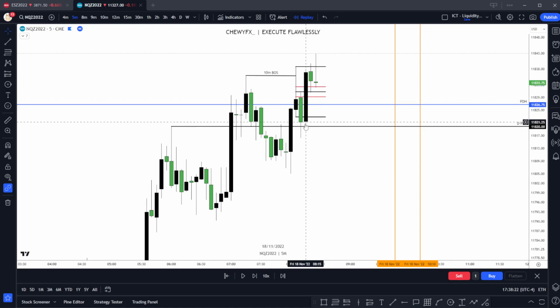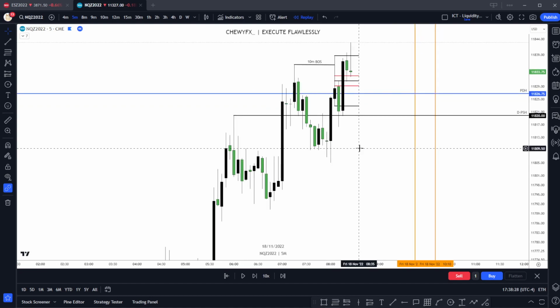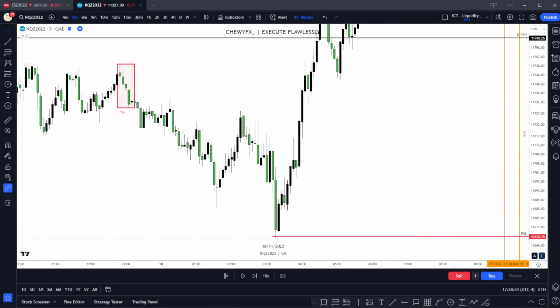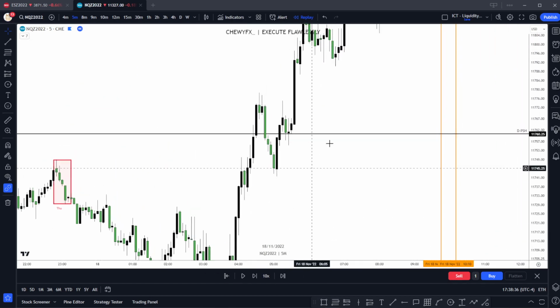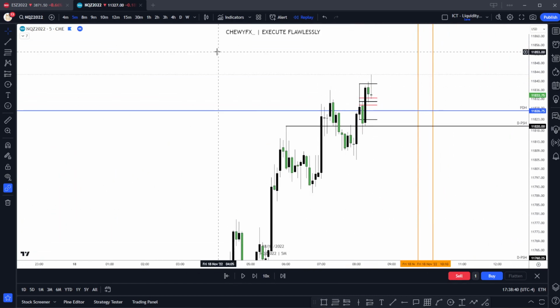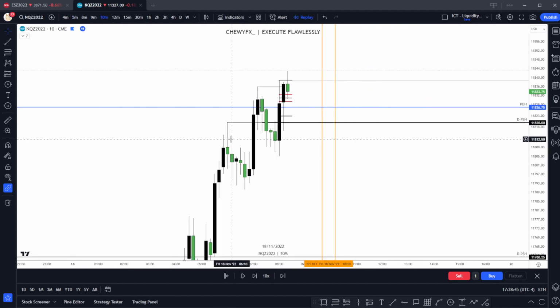So now we want to count 3 candles. 1, 2, it closed above. Therefore, we can look for an entry here. However, the only problem I have with this entry is just we've been bullish ever since 3 a.m. So for that reason, I wouldn't be at all interested in an EM3. So I'd be looking for an EM2 sell.